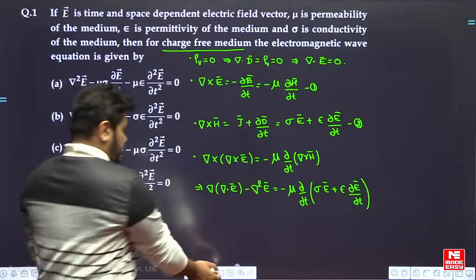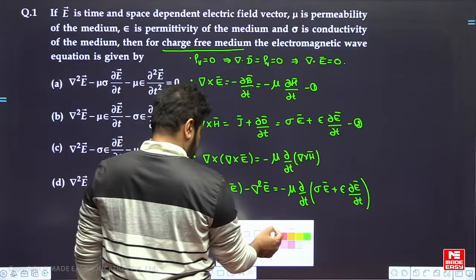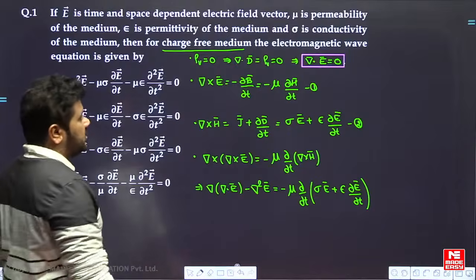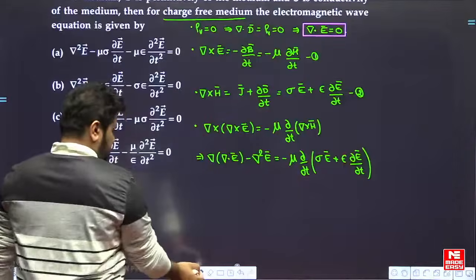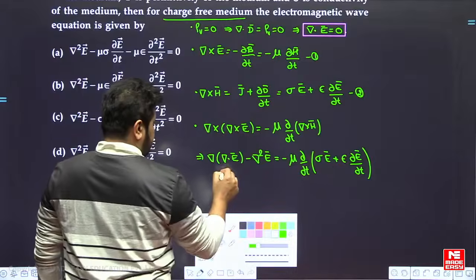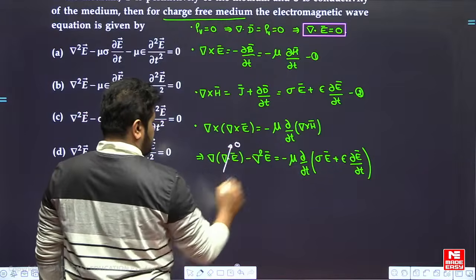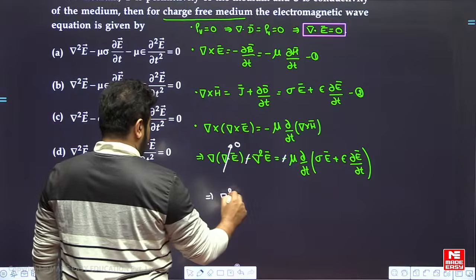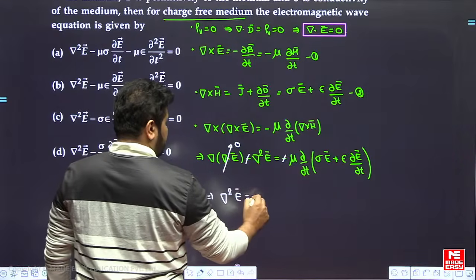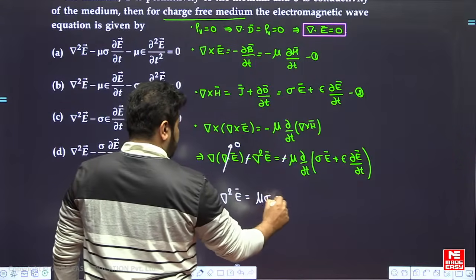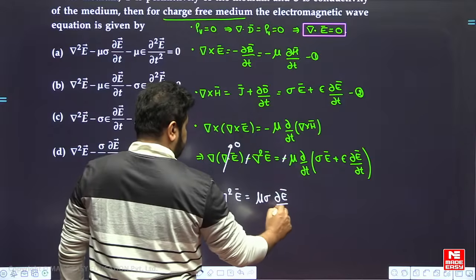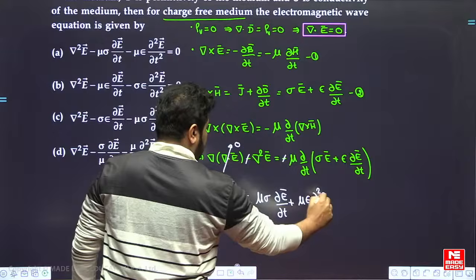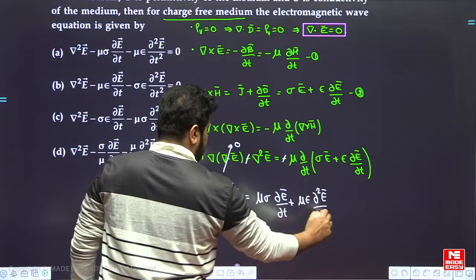Now you can see clearly here that del dot E is equal to 0, right. So if del dot E is equal to 0, it means that this term will become 0. So the negative sign and negative sign will get cancelled. So what is the value we are going to get? Del square E is equal to mu sigma del E upon del t plus mu epsilon del square E upon del t square, isn't it?